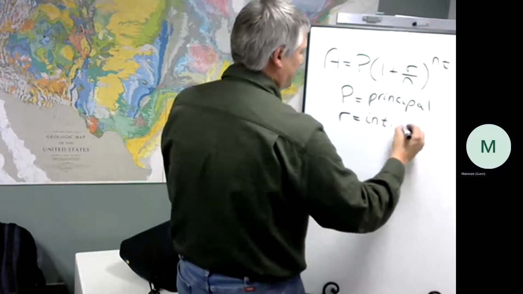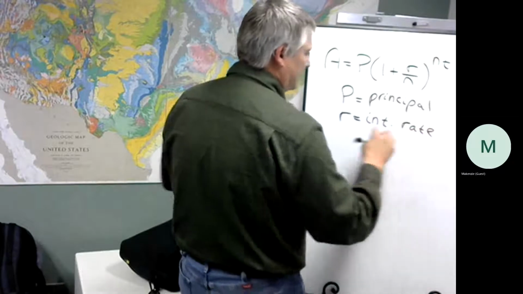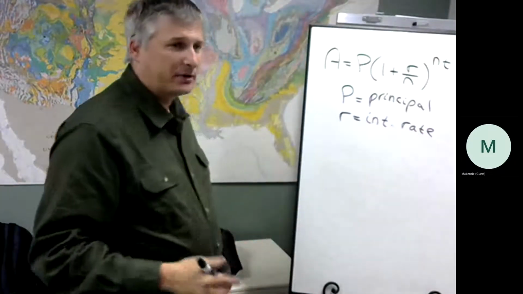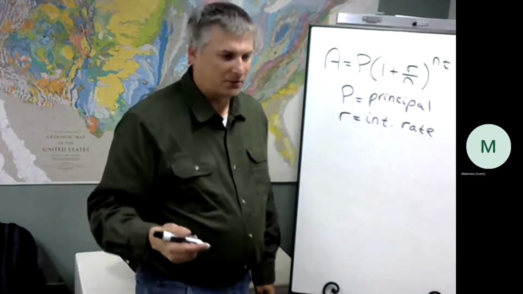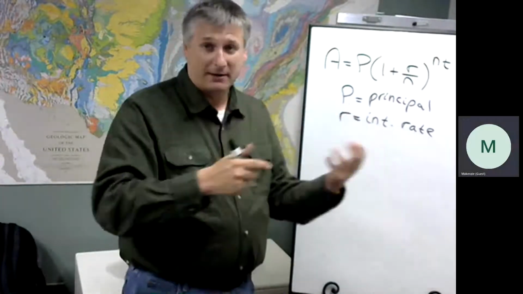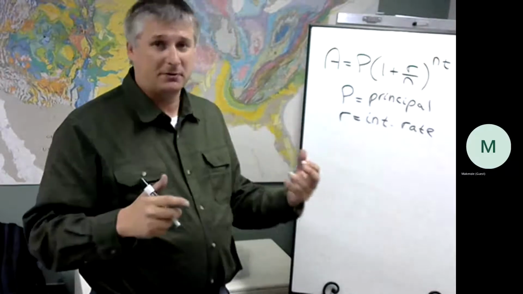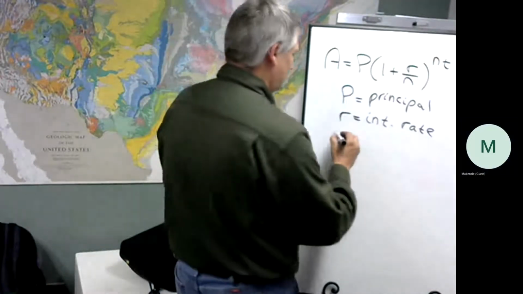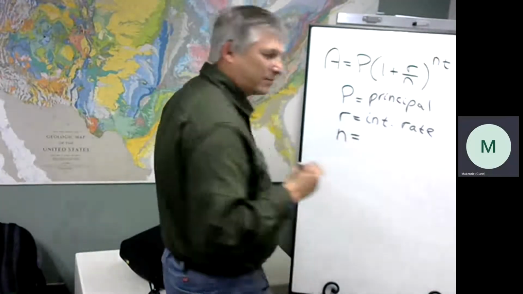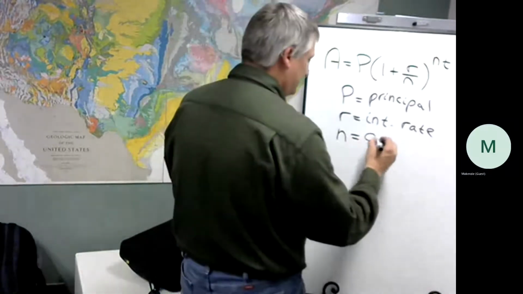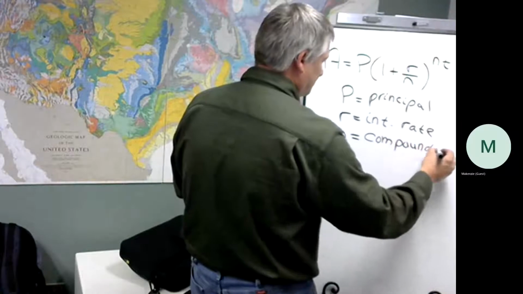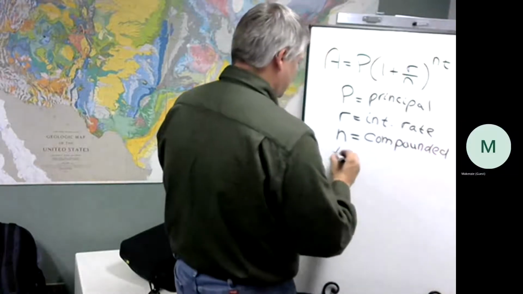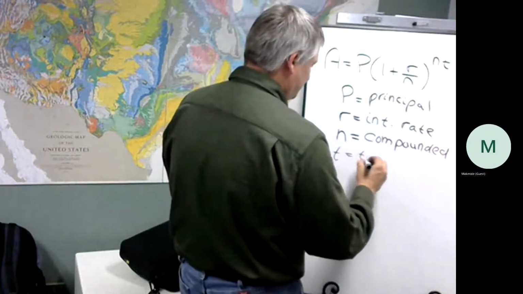I'll abbreviate interest. And again, you've got to convert this to a decimal, whatever percent they give you, to decimal form. So you take the percent and you divide it by 100, and that will give you the full decimal form. N is the number of times compounded. And T is time, usually in years.